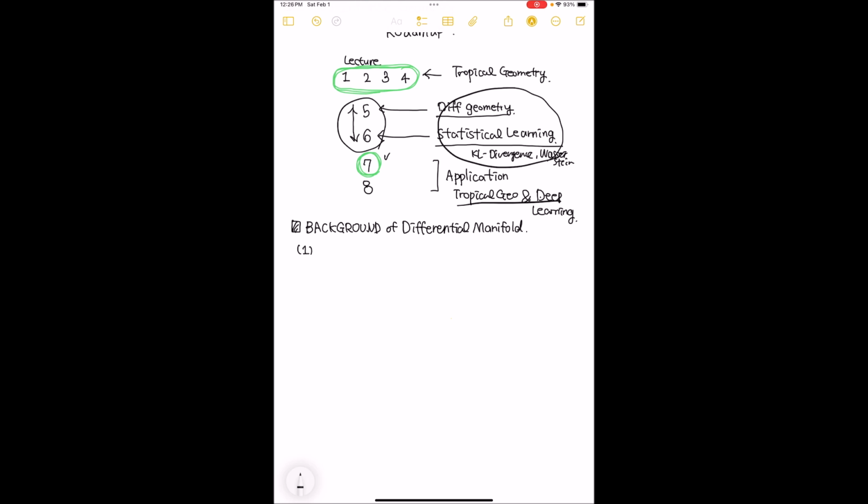What is a manifold? What is an n-dimensional manifold? Let M be a topological space.